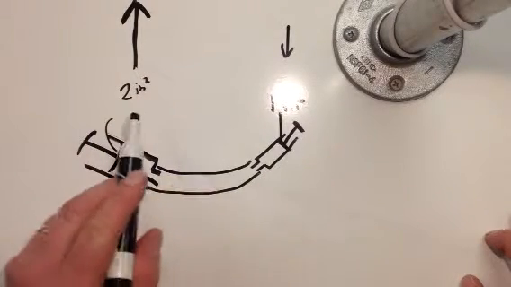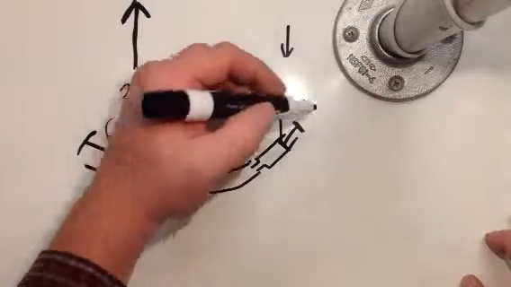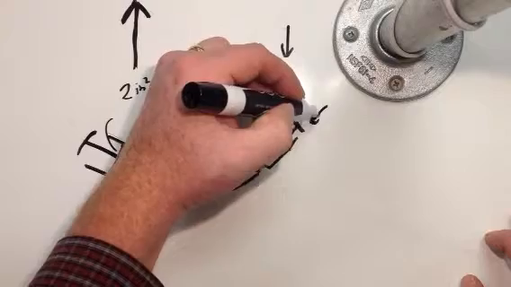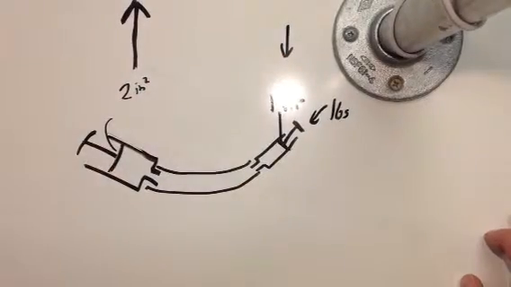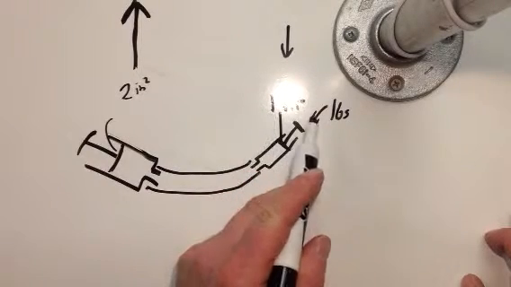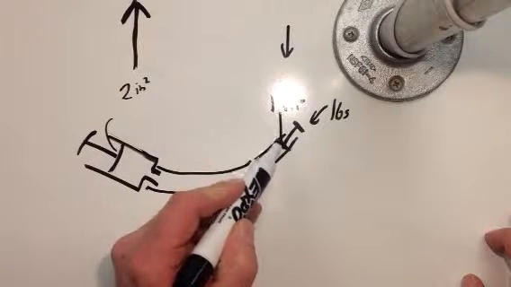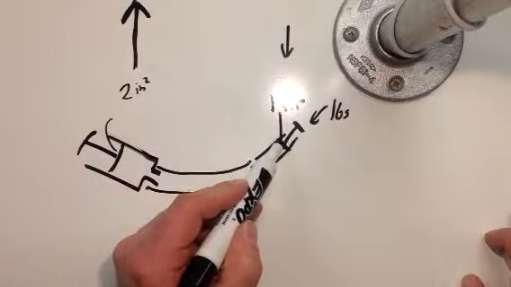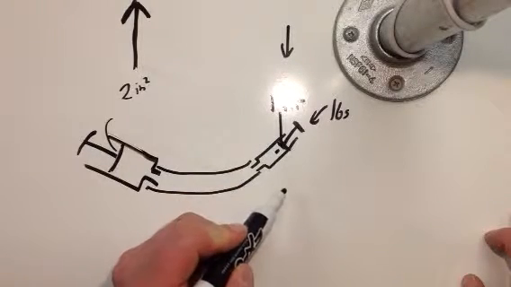This side's 1 square inch, that side's 2 square inches. Now also, we're going to push down on this side with 1 pound of force. Okay? So this is 1 square inch, and we push down with 1 pound of force. This hydraulic system is going to experience 1 PSI, 1 pound per square inch, right here.